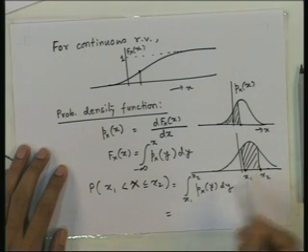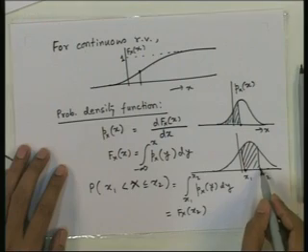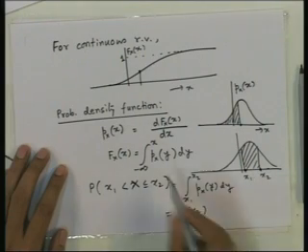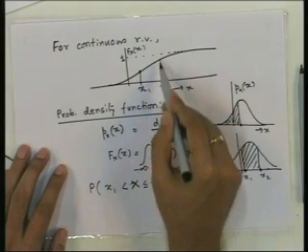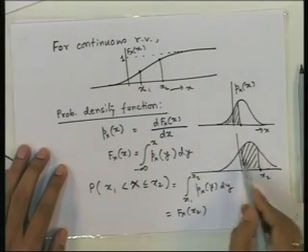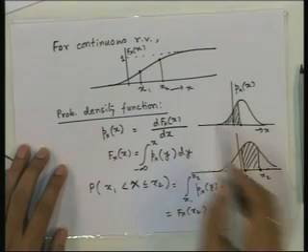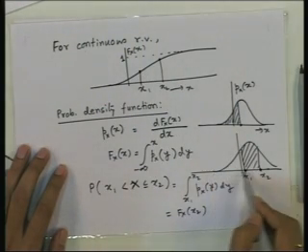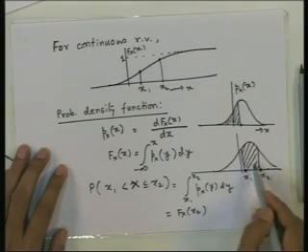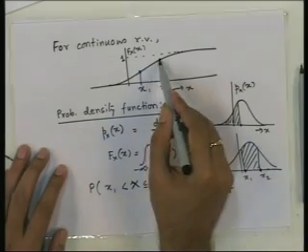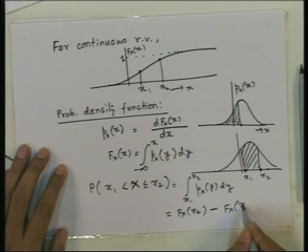So, area till x2 is F_X(x2), that is the area from minus infinity to x2 in this curve, and this value is the area from minus infinity to x1 here. So, if we subtract that, we will get this extra area, that is this minus this. So, this minus F_X(x1).